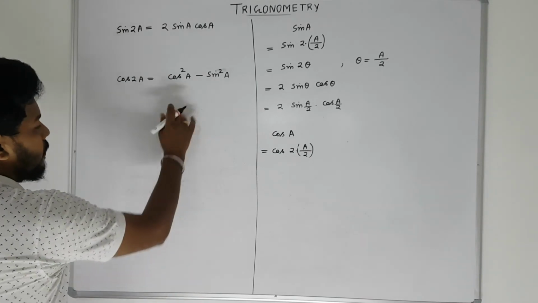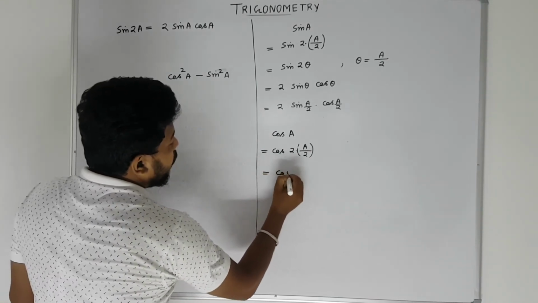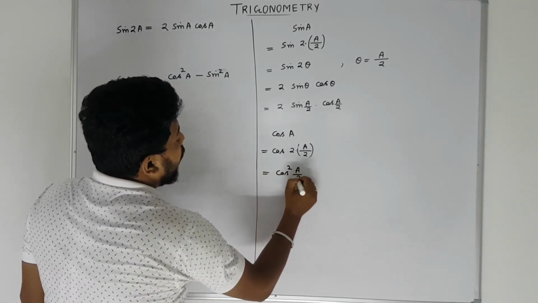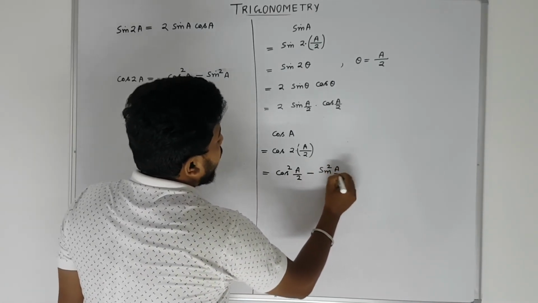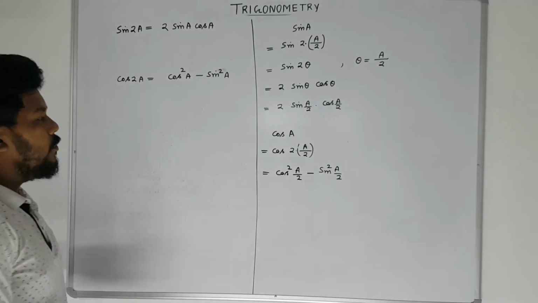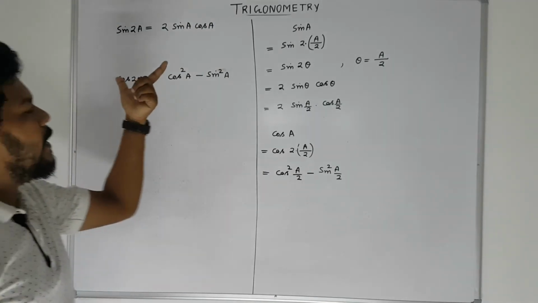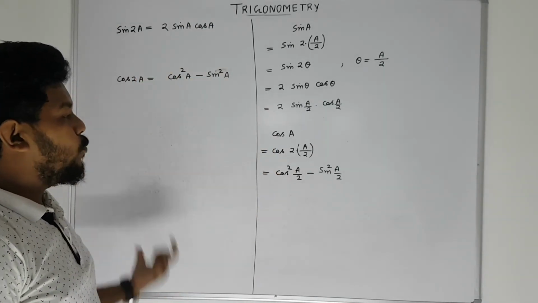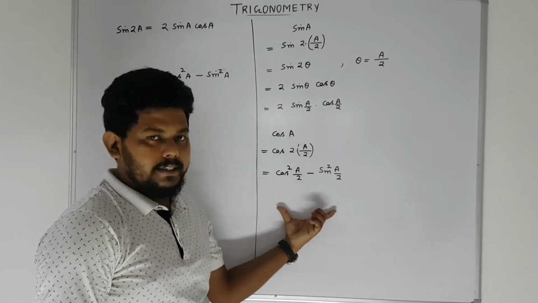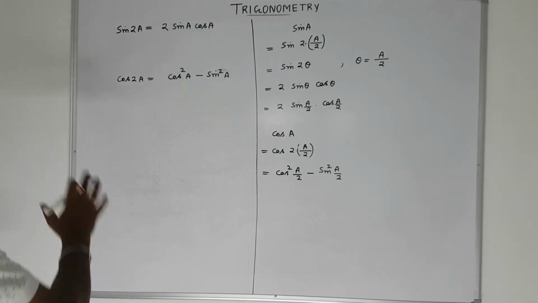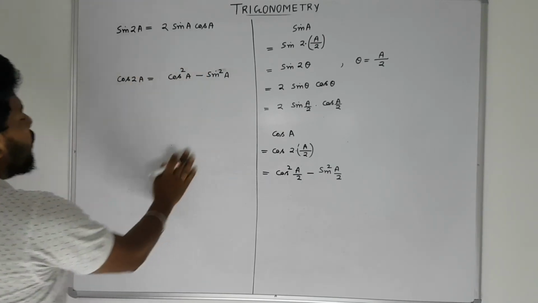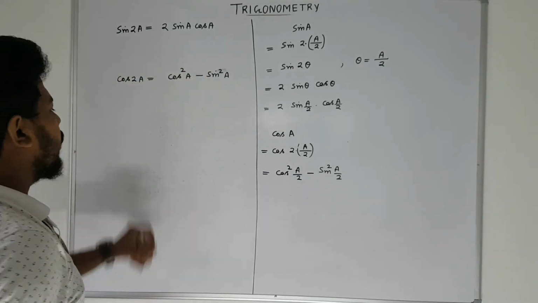So the formula is cos square A by 2 minus sin square A by 2. So using this formula of multiple angles, you can derive the formula of submultiple angles very easily. We will use this to derive the formula of trigonometric functions for submultiple angles.